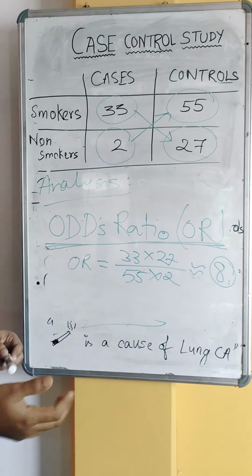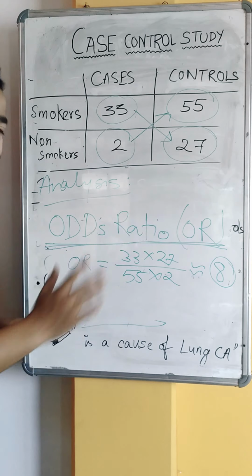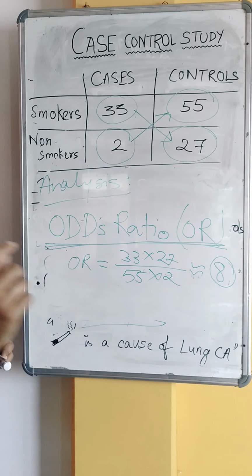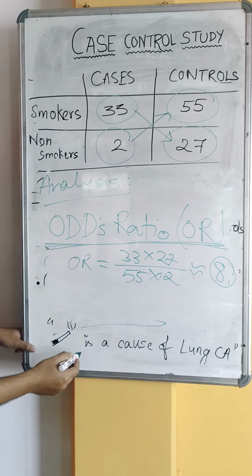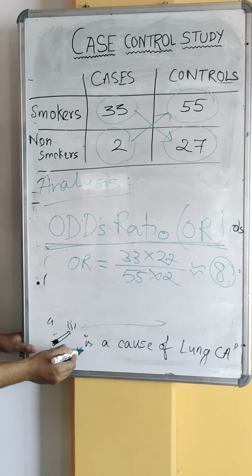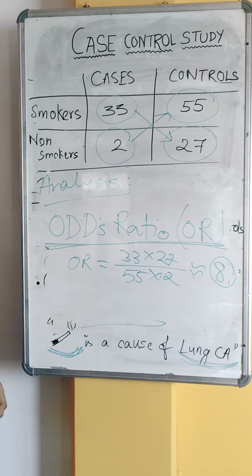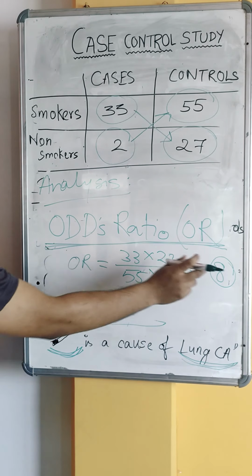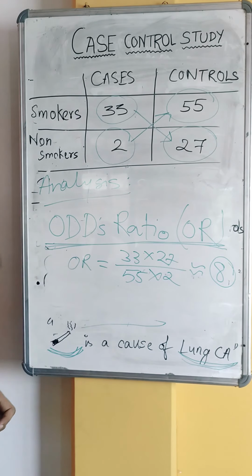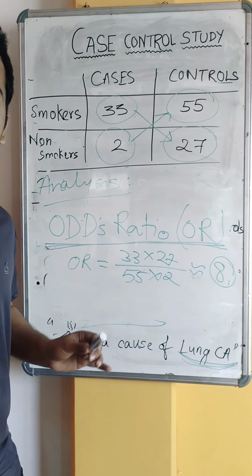So what does it signify? The odds ratio basically signifies the strength of association between the risk factor, smoking, and the development of disease, that is lung cancer. So if the odds ratio is 8, it simply means that smokers have 8 times more chances of developing lung cancer than non-smokers. As simple as that.